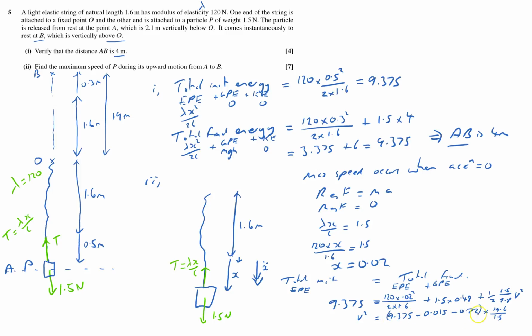So that's all of that bit, and so that gives me v squared equals 10.6098 something, and then I have to square root it. V equals 10.6 to 3 significant figures. And that's question 5 done.